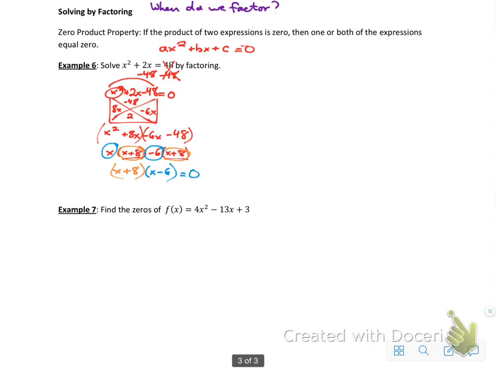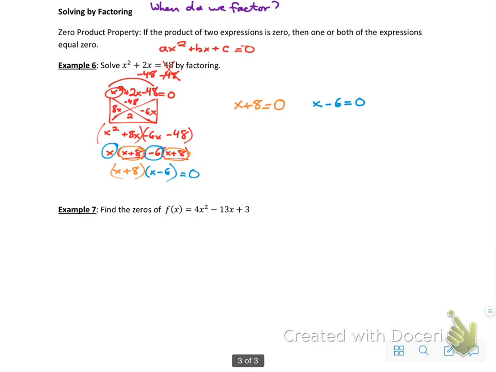Now originally it equals 0, so we're going to keep making it equal to 0. Then, this is the solving part, right? Nothing there has changed. Everything there is a review. The new part is that you take the factors, so x plus 8 equals 0, and we also have x minus 6 equals 0.